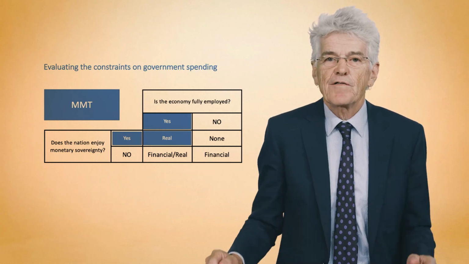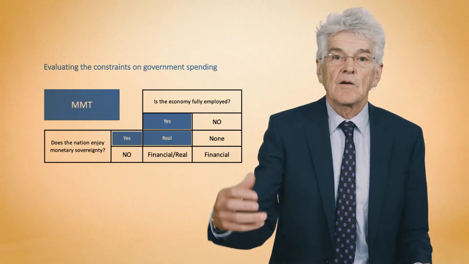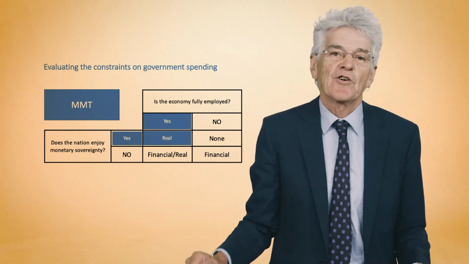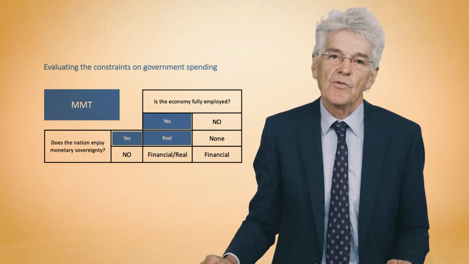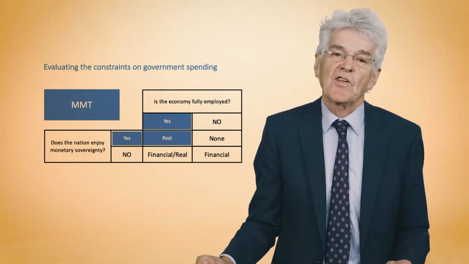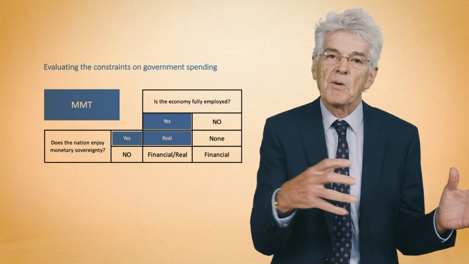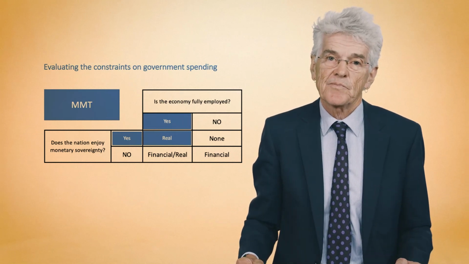Now, the government has no financial constraints in that context. It can go and buy the use of those resources. But if they're already currently being used, the problem is the only way they could get access to those resources and bring them into the public sector would be by competing for those resources at market prices.